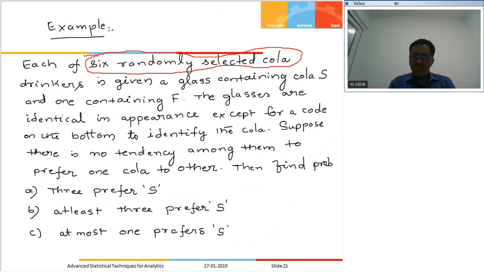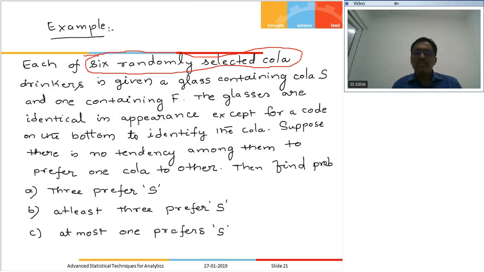But it's not that easy to identify that I need to follow binomial distribution. With practice, we'll understand which distribution fits the problem when you talk about applications.